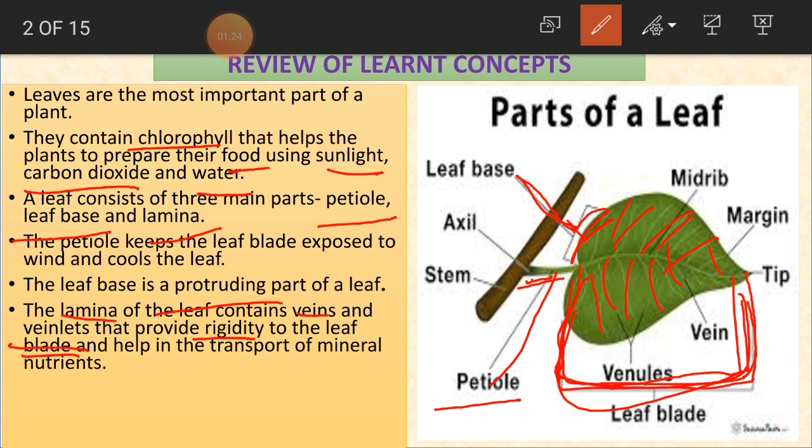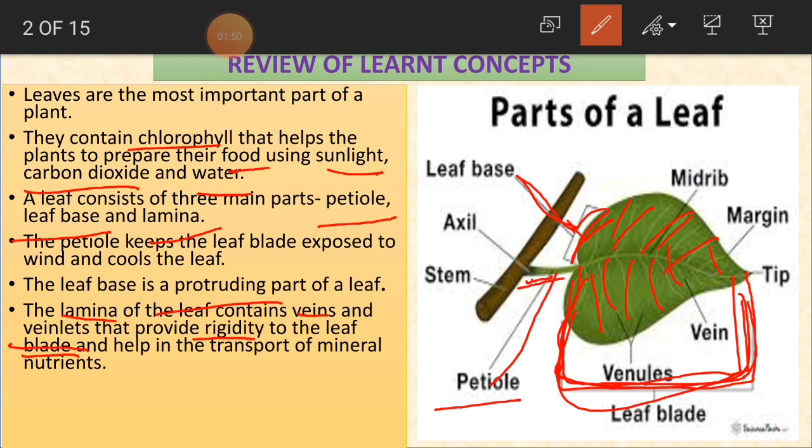And what do these veins do? They help transport the minerals and nutrients. We already learned, children, that these veins help the plant with the supply of nutrients and minerals. Yes or no? Here you can see the word rigid.